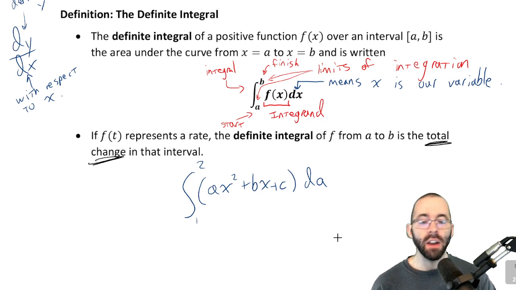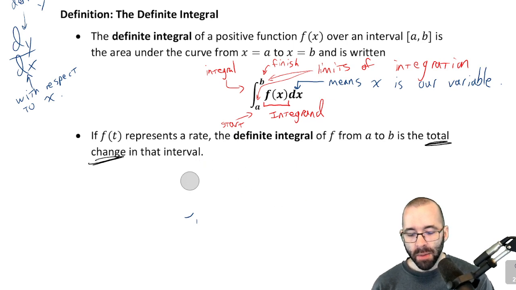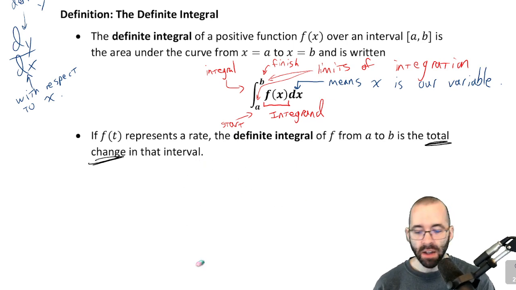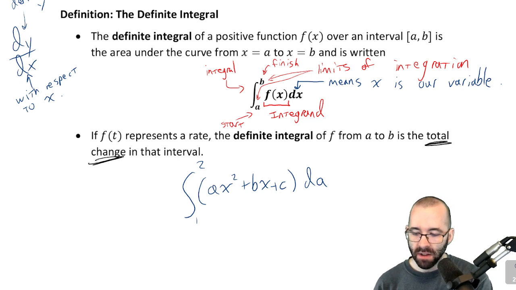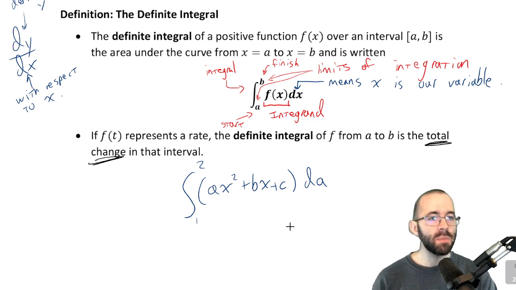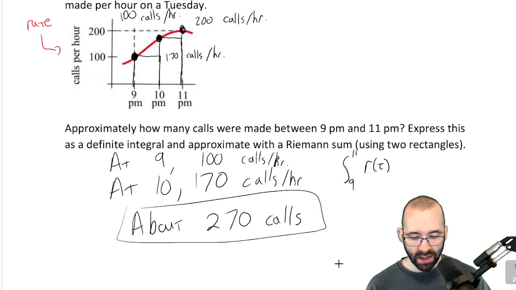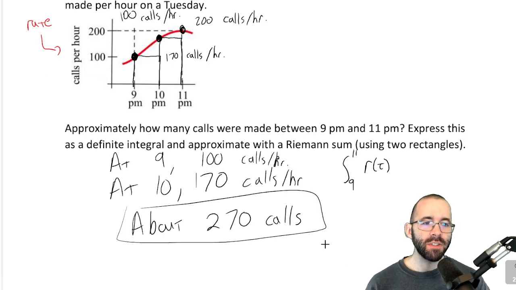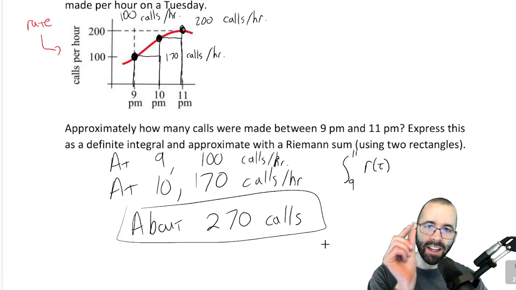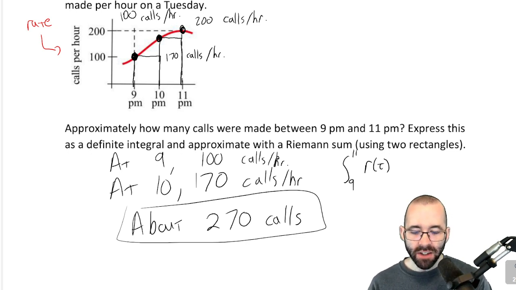We have to say what our variable actually is. There's a couple other interpretations of dx. This is the simplest interpretation. It just means that x is our variable. For us, anyway. It also means dx is like a really, really infinitely tiny width, and the function value is the height.